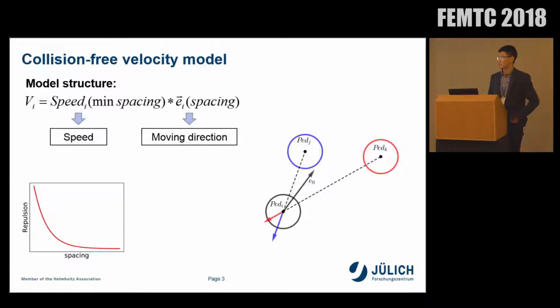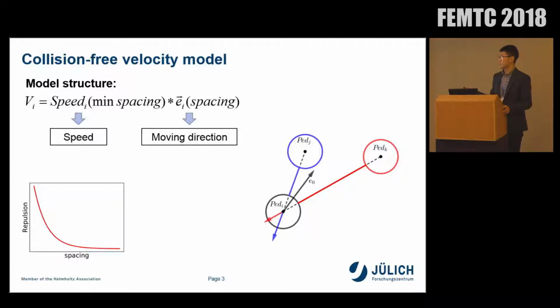This repulsion function is an exponential function of the spacing between two pedestrians. In this figure, the spacing between pedestrian I and pedestrian J is the length of the blue segment, and the spacing between pedestrian I and pedestrian K is the length of the red segment.